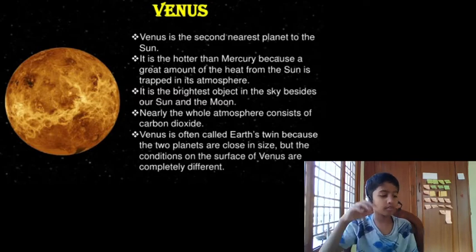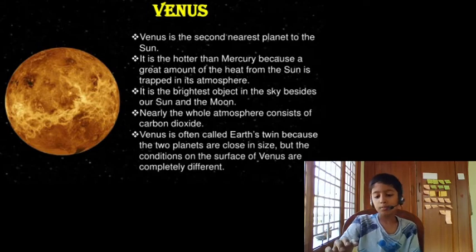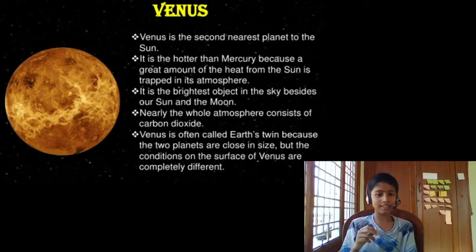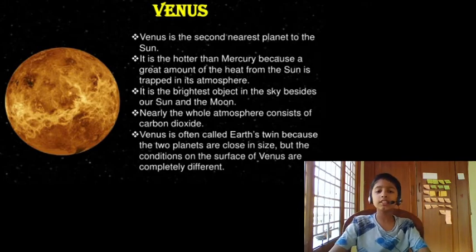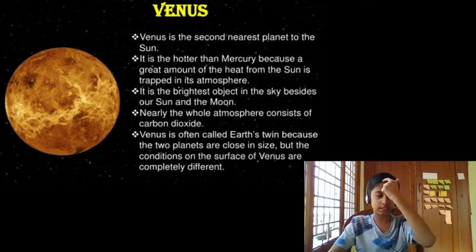So you will be having a doubt: Mercury is the nearest planet and Venus is the second nearest, but why is Venus the hottest planet? I will tell you a story of mine. There was a quiz, and one question was, which is the hottest planet in our solar system?